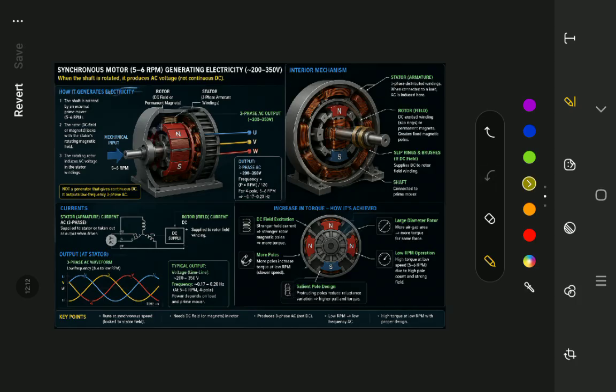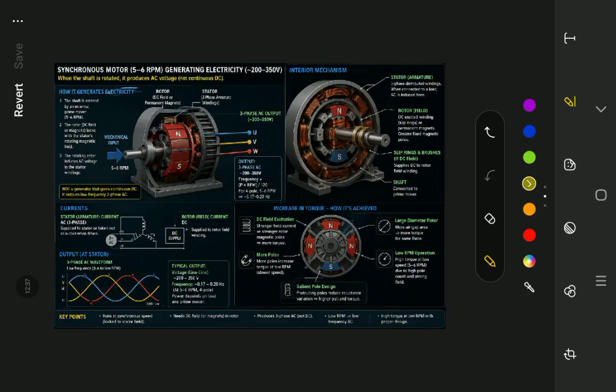With this three phase we can run any of the appliances, especially bulbs and fans. This voltage is not stable, it may differ. So you can use a stabilizer circuit made up of capacitors and diodes to make sure the voltage is stable.